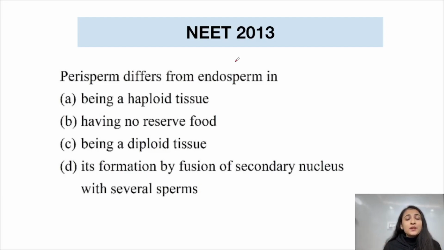So perisperm is a tissue derived from the nucellar tissue, and it is a nutritive tissue. Just like endosperm provides nutrition to the developing embryo, similarly perisperm also has nutritive functions.